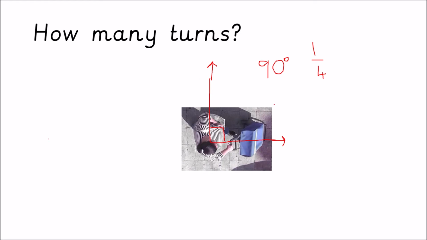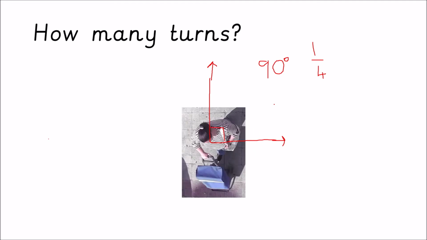Okay, let's see where Freya goes next. Oh, Freya's now moving. Well, she's moved and she's now facing this way. So if we have a look, our angle now, instead of going from here to here, it goes from, and I'm going to change colour pen just to hopefully make it a bit easier to see. We're now going from this point pointing up here.